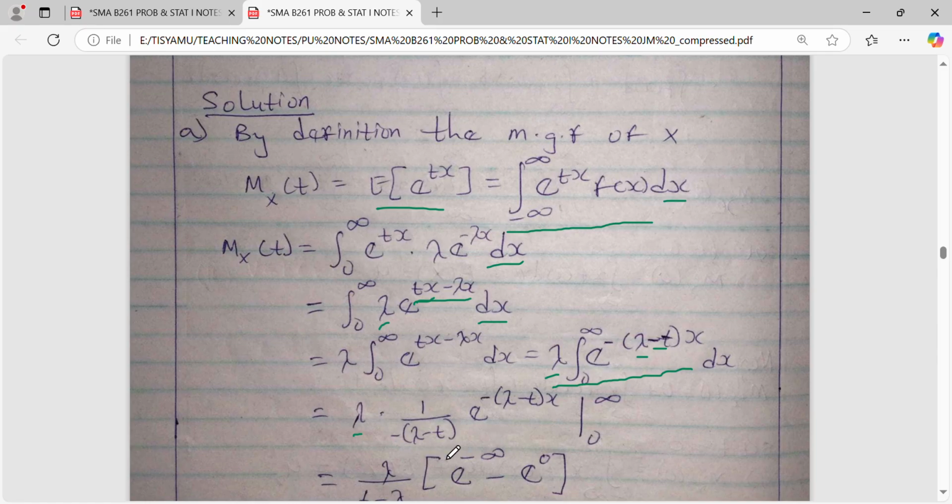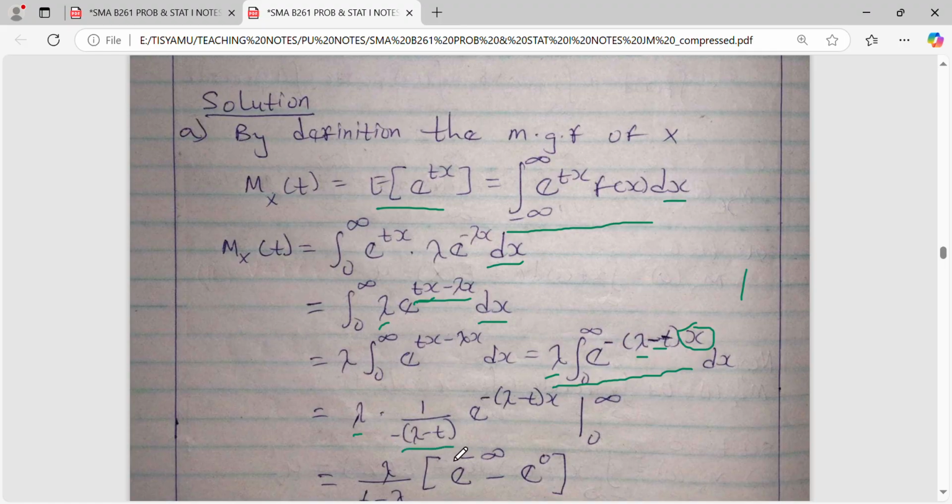Then next we divide by the derivative of that power of the exponential, and remember, we are differentiating with respect to x. So negative into lambda minus t, in terms of x, is like a constant. What we'll be differentiating here is x with respect to x, and when you differentiate x with respect to x, you get 1, and therefore you remain with negative into lambda minus t.